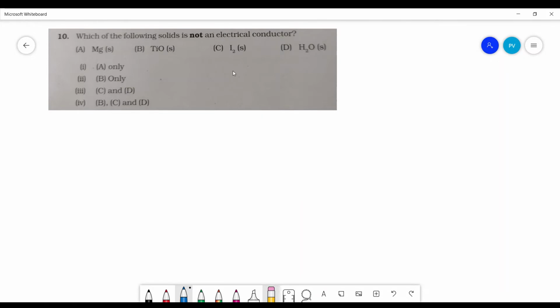Here the question is, which of the following solids is not an electrical conductor?